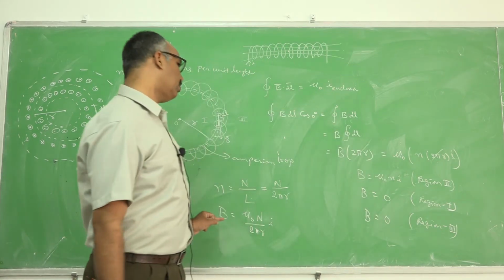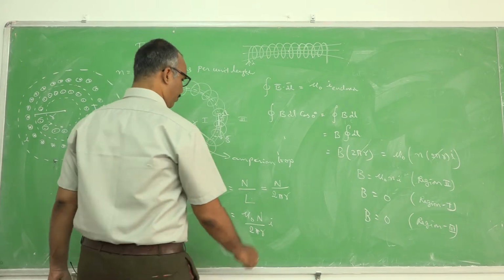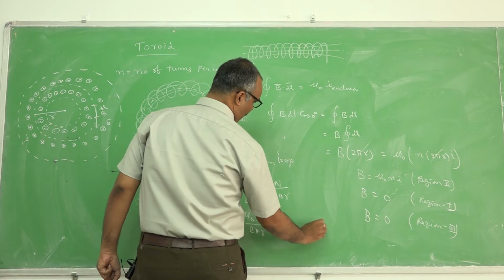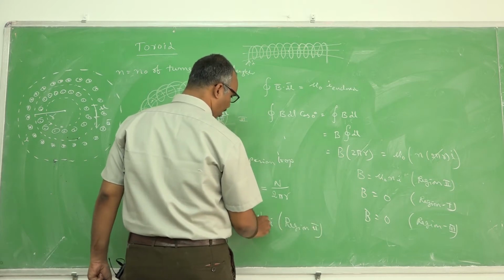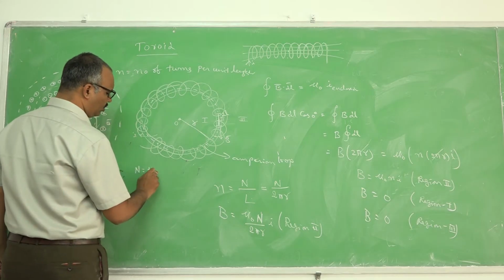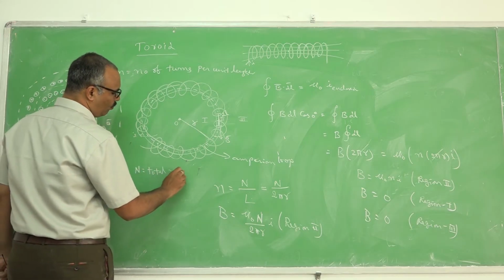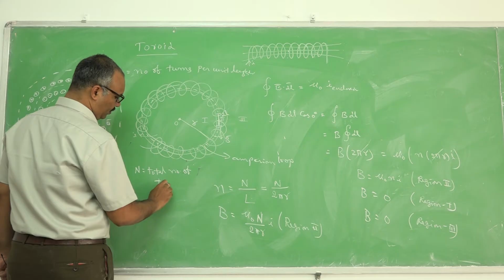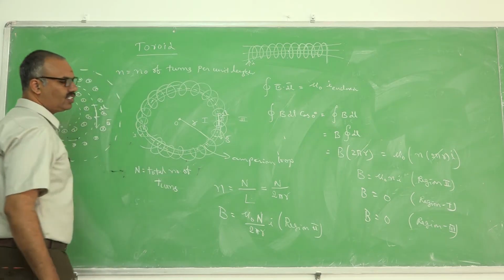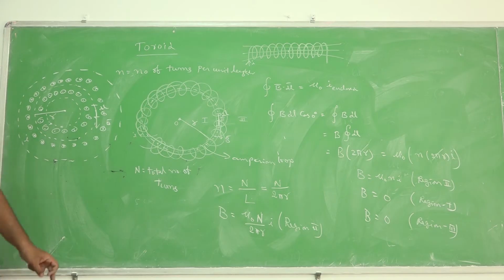So the same formula in region 2. Here you have to understand capital N is the total number of turns available. R is the radius of the toroid.